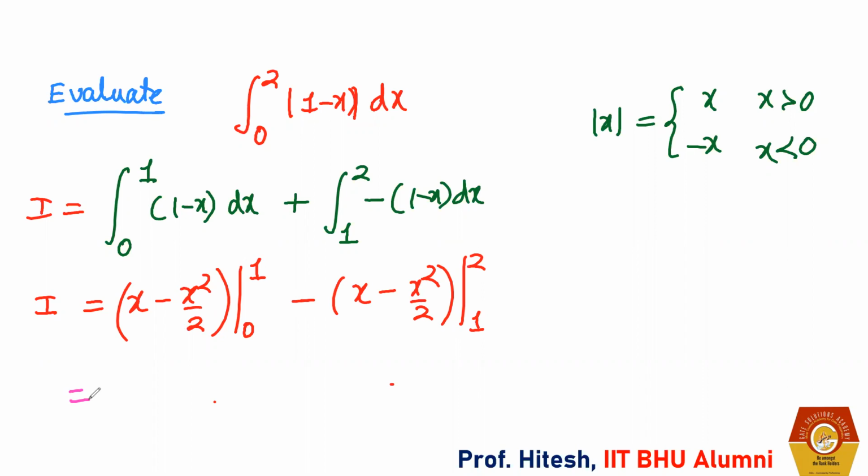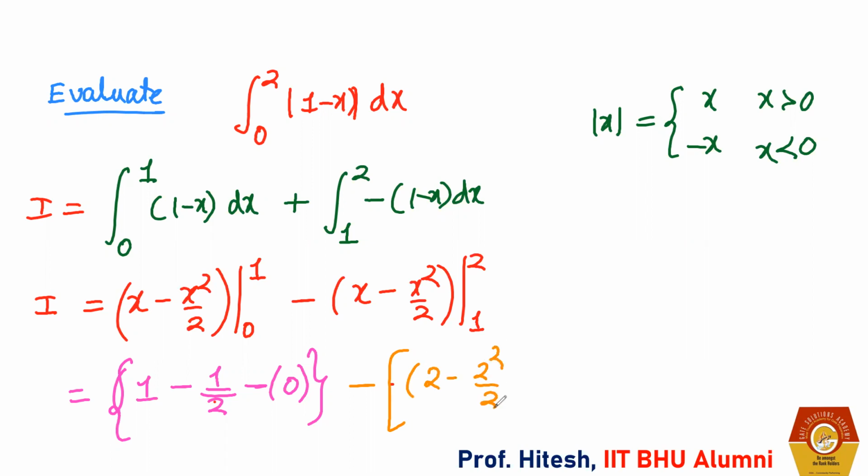So it will be 1 minus 1 upon 2, upper limit minus lower limit, so 0. In the first and second it is minus, upper limit 2 minus 2 square upon 2, 2 minus 2 is 0, minus lower limit 1 minus 1 by 2.